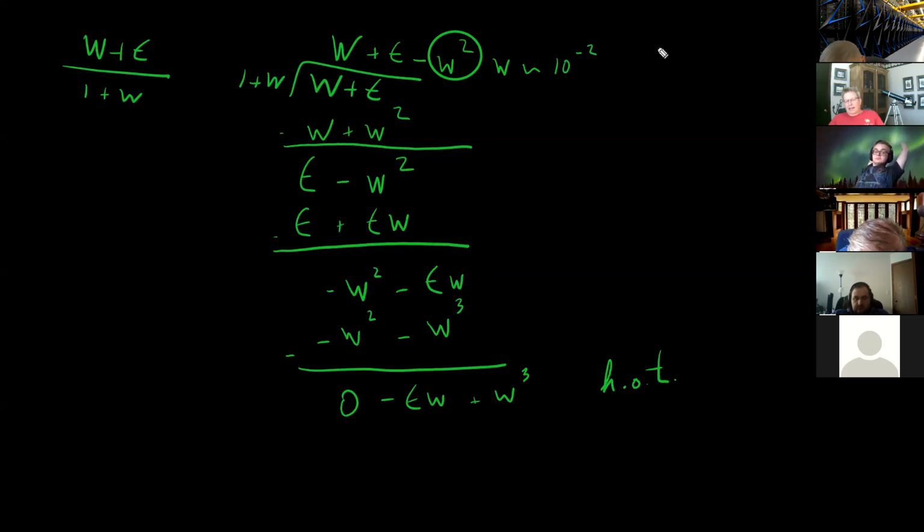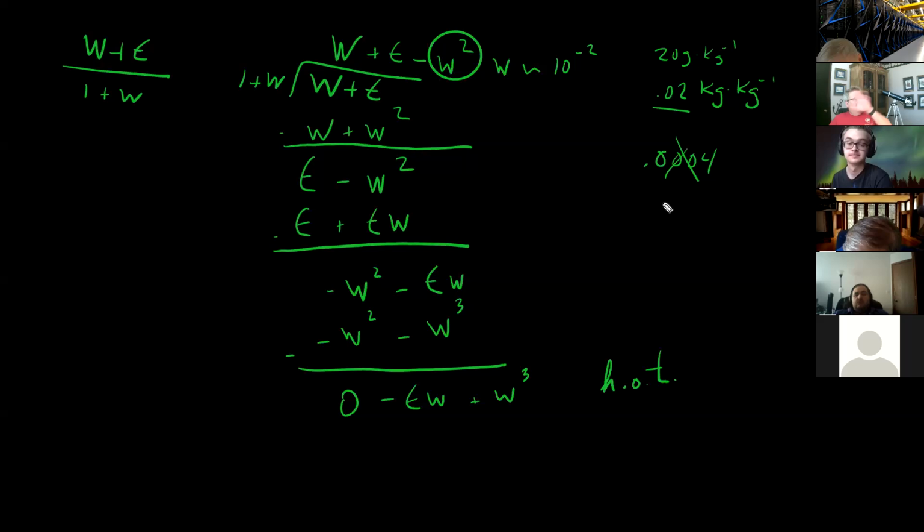We're talking 20 grams per kilogram, which is actually 0.02 kilograms per kilogram. So I'm taking a small number and squaring it, and I get something even smaller, 0.0004. These are really small, so I'm going to neglect higher order terms.